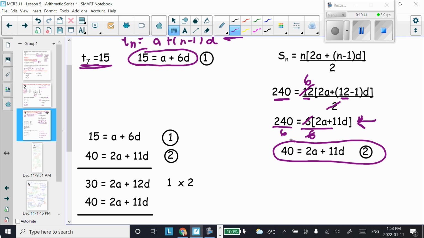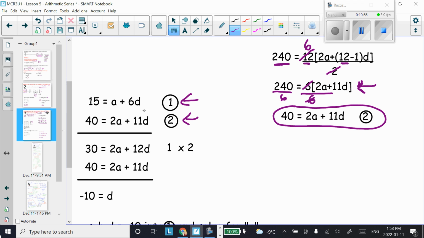And I've got my first equation from the T7 equals 15 that I came up with. So I just wrote them on top of each other like this, and I'm going to try to eliminate a letter here. I noticed that the second equation has 2a, so I'm taking the first equation and multiplying everything by 2. So equation 1 gets multiplied by 2, and I've got a new equation here.